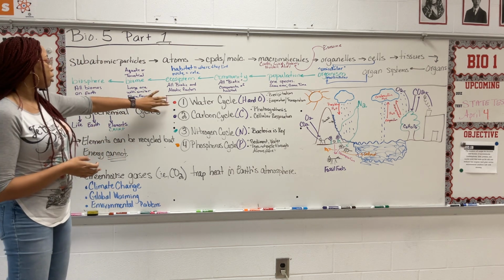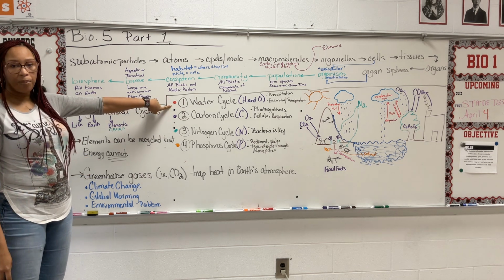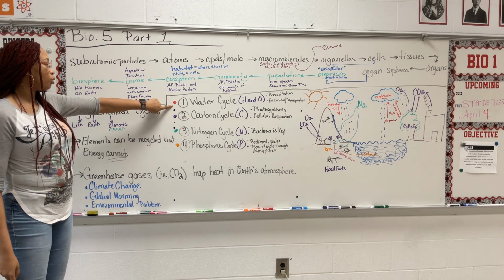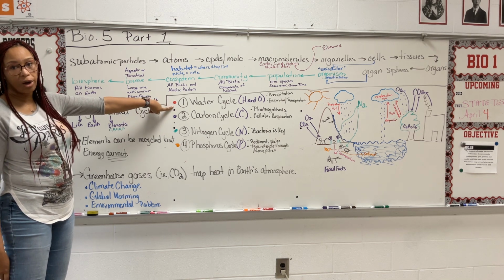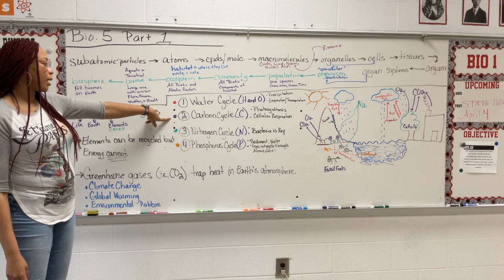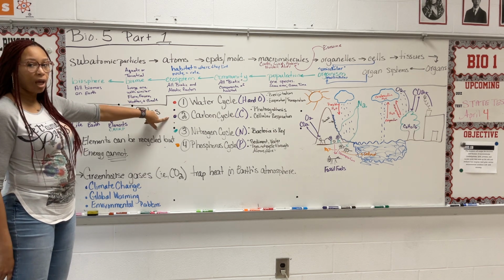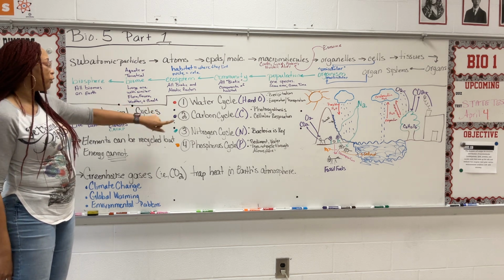So when we look at the water cycle, the carbon cycle, and the nitrogen cycle, when water evaporates or transpires, it turns into water vapor and is in the atmosphere. This water is going to cycle through the atmosphere, the earth, and living things. In the carbon cycle, carbon dioxide puts carbon into the atmosphere. Again, it's going to cycle through the atmosphere, living things, and the earth.